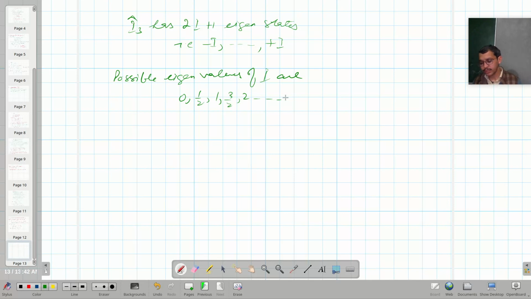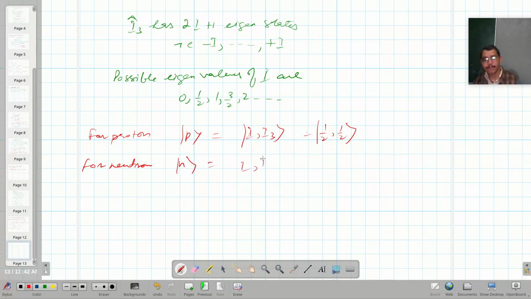So let me talk about this for the proton and neutron, and then the pion. The proton is represented by the ket P, and these are the values of the total isospin and its Z component. It is 1 by 2 and 1 by 2 for the proton, whereas for the neutron it is 1 by 2 and minus 1 by 2.